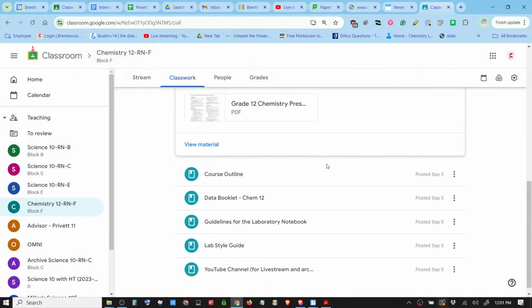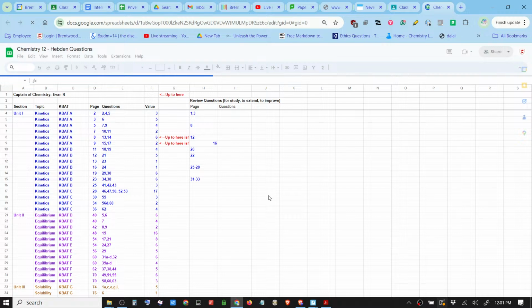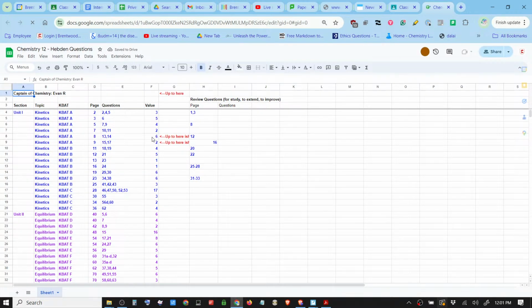Your Hebden for the entire year is here, and we're kind of up to here-ish. I don't always remember to move that. Evan appointed himself captain. He said he would, so far he hasn't. I've already moved it.